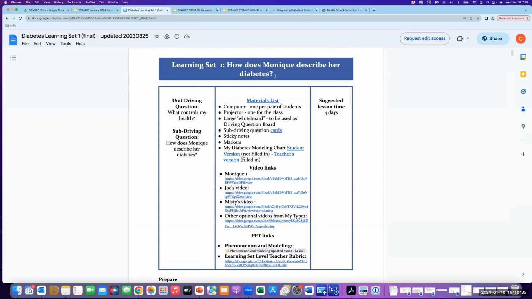Together we watched the video of Monique, and we talked about some of the things we were seeing in the video that made us think about things and what we were wondering. So together, we started building the driving question board. And then we started thinking about how we might group these things together. So I was just wondering if there were any things that stood out to people for learning set 1 or any questions that you had about learning set 1.